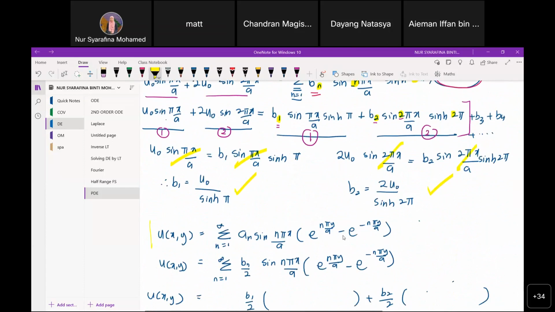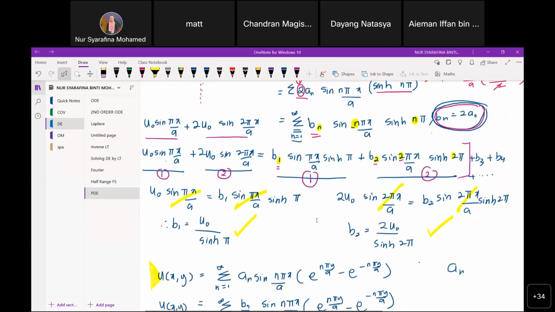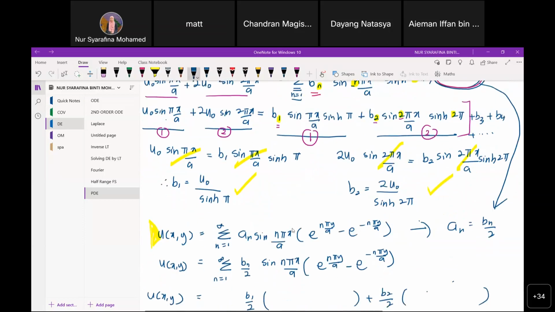Remember, in your general solution, we have u(x,y) equals summation an. And remember what is an? We substituted bn with 2an, so an equals bn over 2. So an is bn over 2, sine n pi x over a, exponent n pi y over a minus exponent minus n pi y over a.